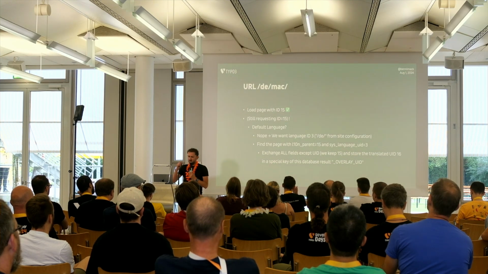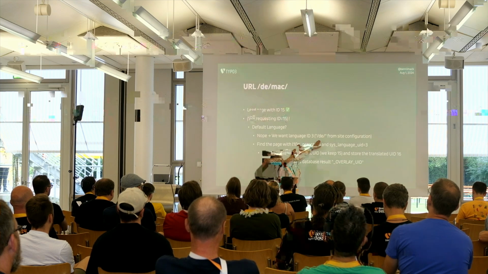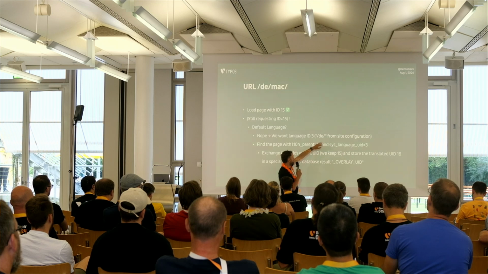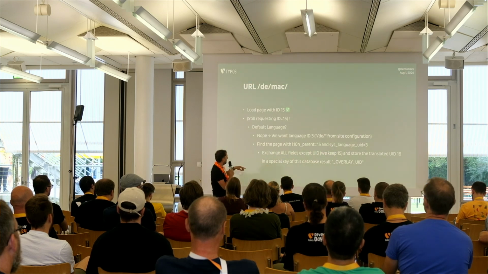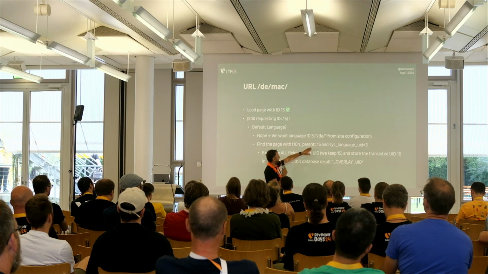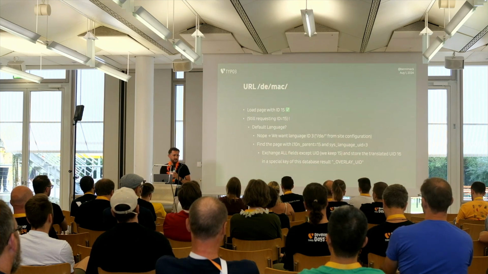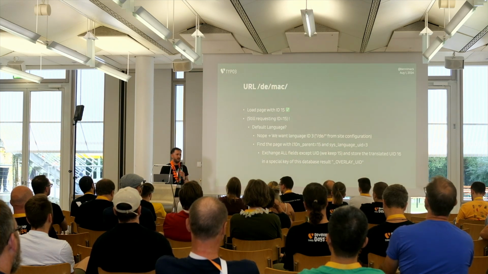So we're not on default language. We want language 3. So we check, because we know in the site configuration /DE is number 3. So we'll actually check for a page that's L10N parent 15 and language UID 3, because we can have a lot of languages in one system.